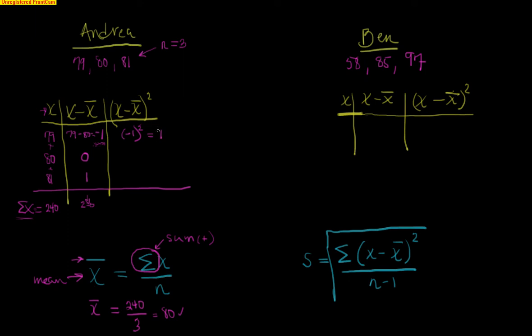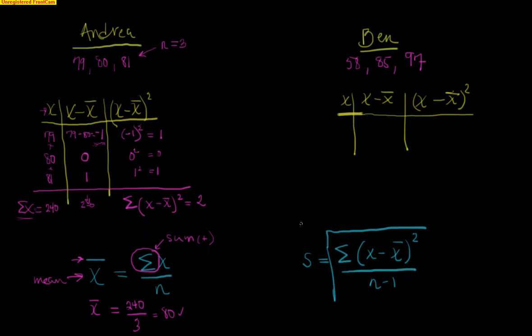Why do I do this? So that I can get rid of all those negative signs, because I'm focusing on the distance. 0 squared is just 0. And 1 squared is just 1. Okay. Now I'm going to sum this column. So the sum of these X minus the mean squared, all of that fancy stuff, is just 1 plus 0 plus 1, which is 2.